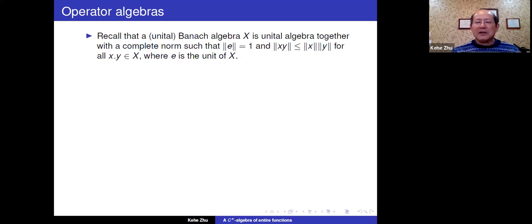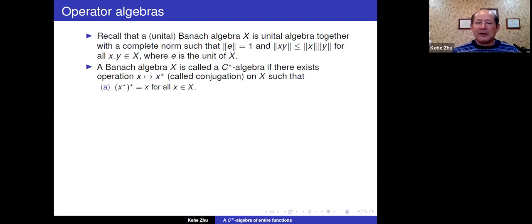You say that X is a Banach algebra if, number one, it is a Banach space, and number two, it has an algebraic structure, meaning you can also define multiplication, and its norm is supposed to satisfy this inequality: the norm of x times y is no bigger than the product of the norm of x and the norm of y. And if the algebra has a unit e, then you also require the norm of the unit to be 1. That's the definition of a Banach algebra.